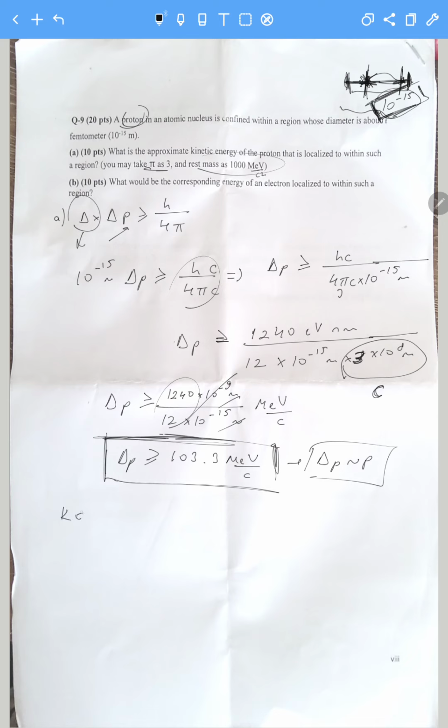So we just write our trusty equations for the kinetic energy like this, and now find numeric values. It's 10^3 mega electron volt. See, I square this thing, and this is 2m. Then I know for certain this is mega electron volt squared over 2mc squared, but that mc squared, or rest mass, was given approximately as 1000 mega electron volt.